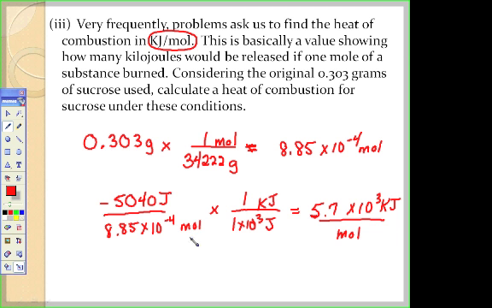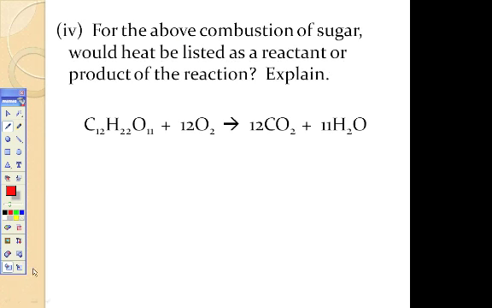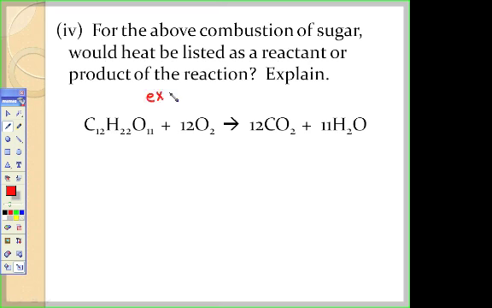Now, and actually that's going to be a negative, the question asks us, would heat be listed as a reactant or a product? That's part 4. Now, since it was exothermic, delta H ended up being a negative value, meaning that if I graphed that on a potential energy curve, I'd have my reactants at a higher energy than my products.